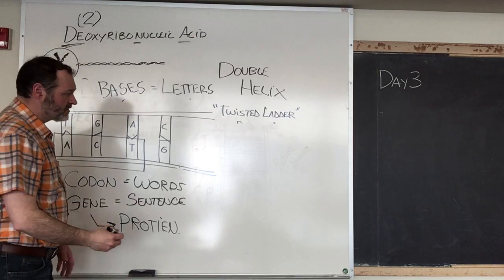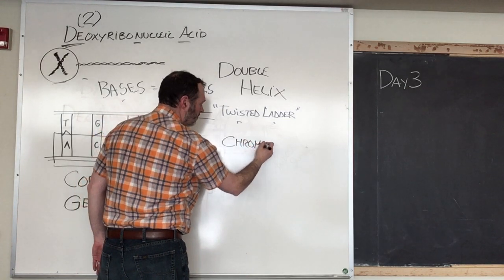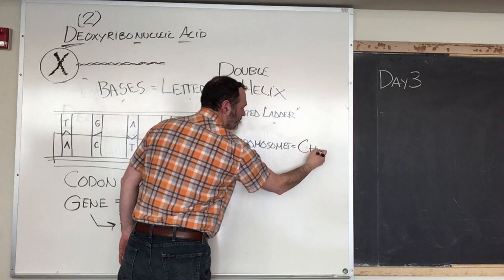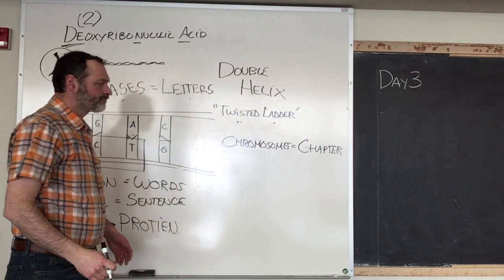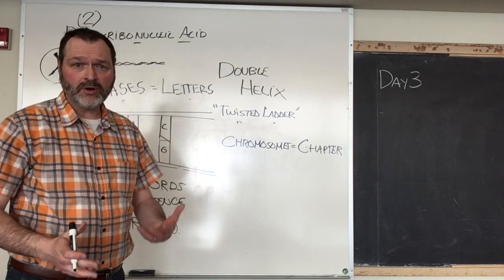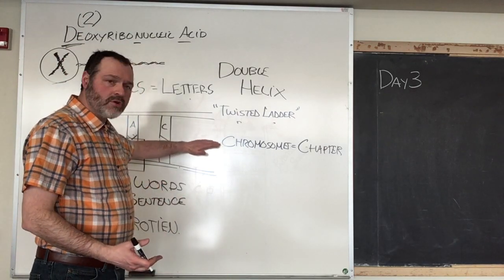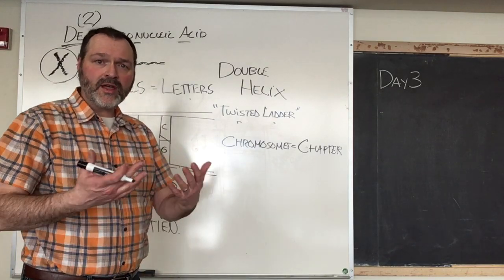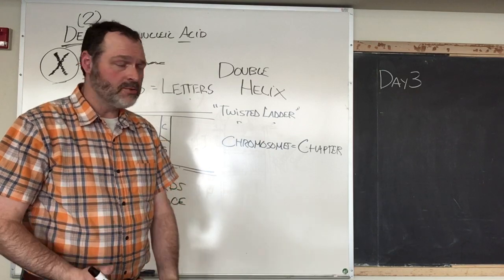The chromosomes. The chromosomes are like the chapters of a book. That means that humans have 23 chapters in our book of how to make a human. Those chromosomes then all together make up the instruction book for making one complete human being.